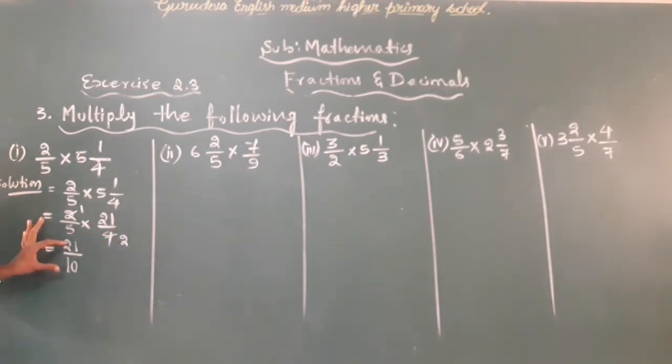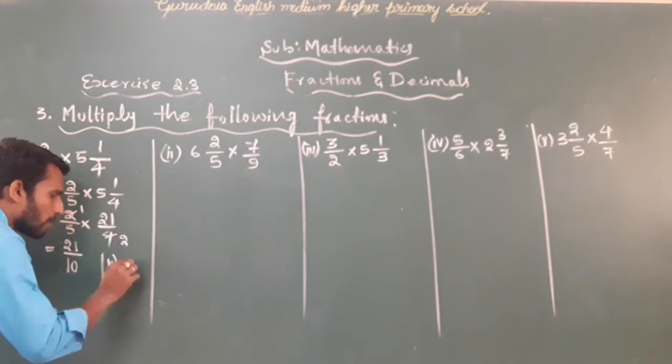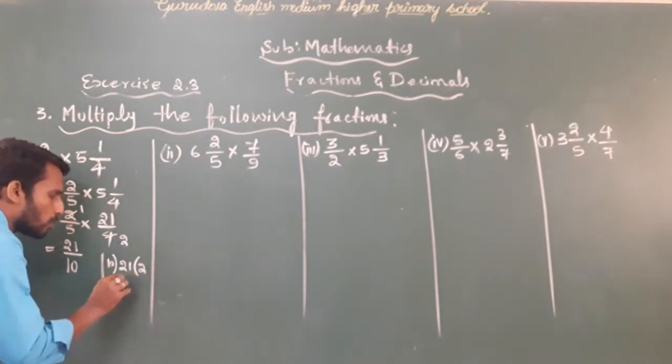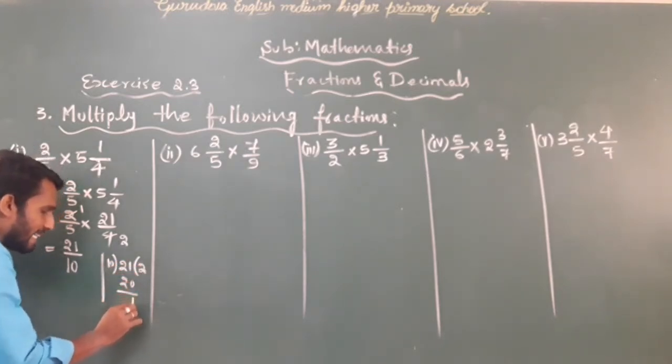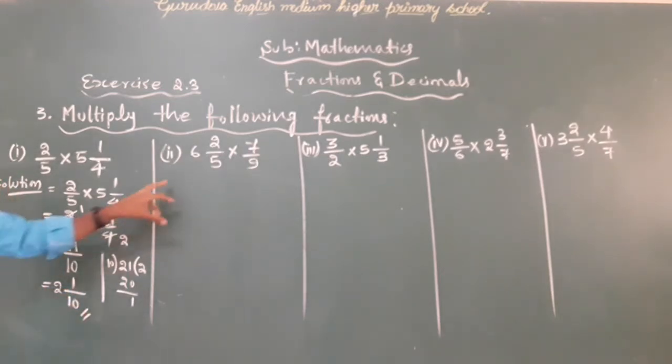Dear student, we got an improper fraction. We have to convert it into a mixed fraction. Now we divide by 10. 10 2s are 20, remaining 1. Writing as a mixed fraction, we get 2 whole 1 by 10. This is the solution. Let us see the second question.